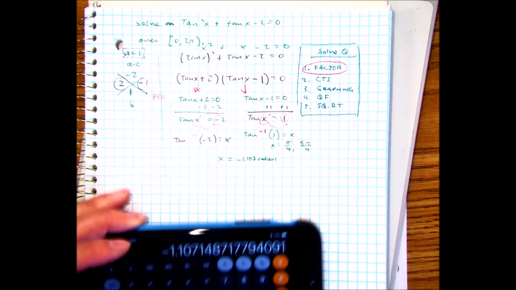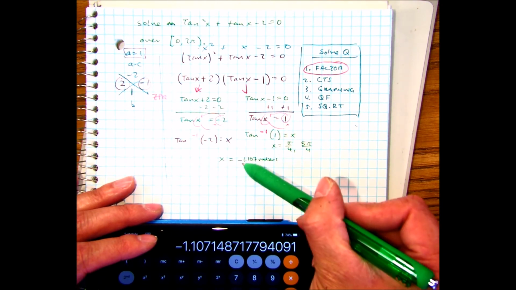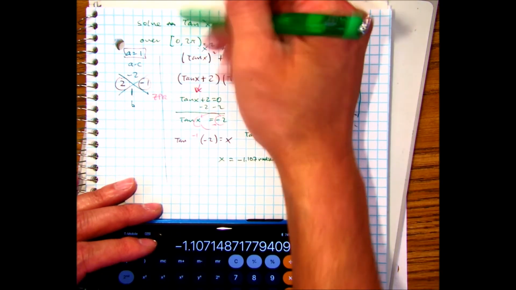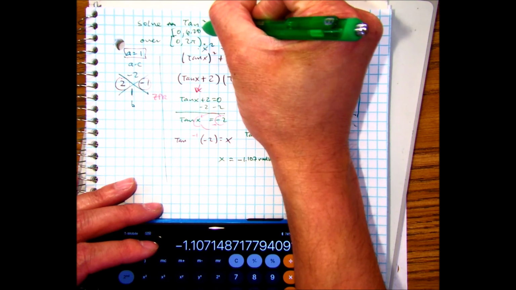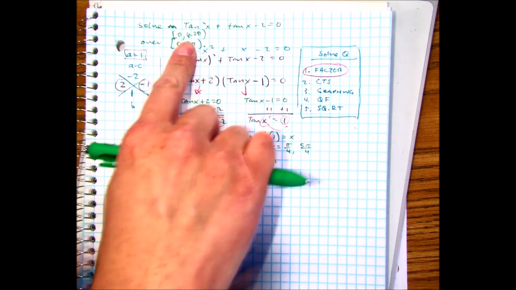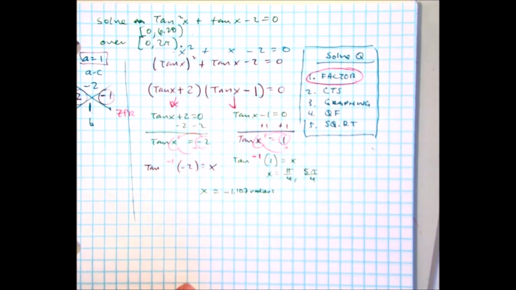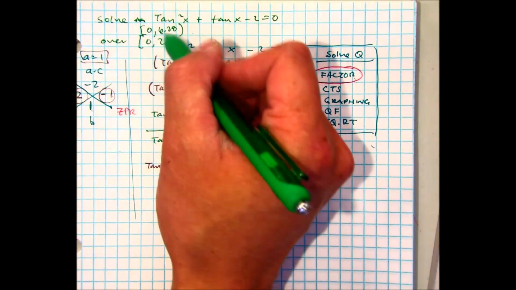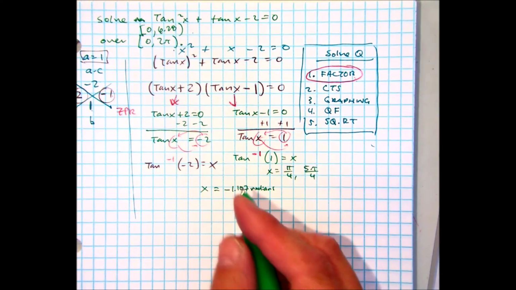But let's think about that. Is negative 1 radians in between here? Do you see that? So that's outside. So what we have to do is add a coterminal angle. So we would have to add a full rotation, which is 2 pi.